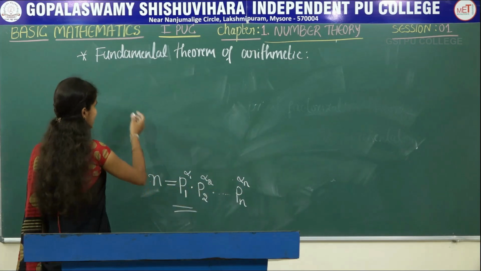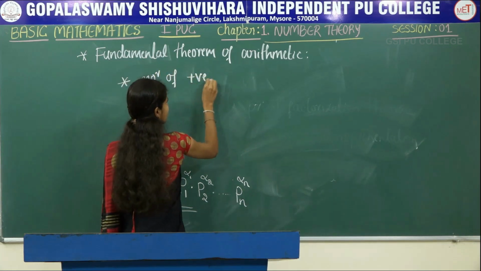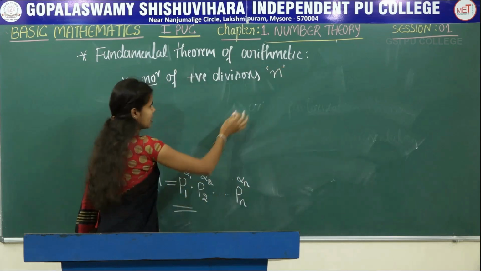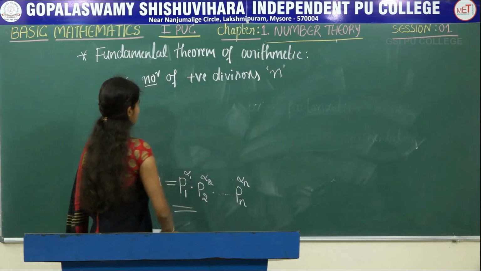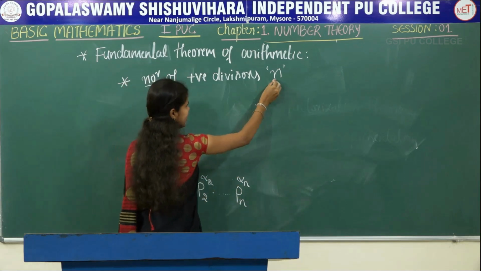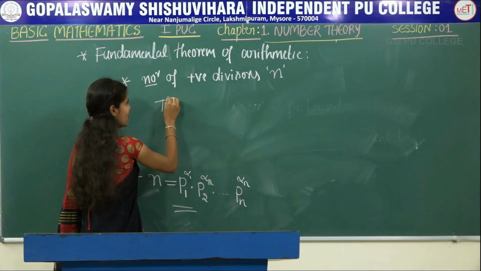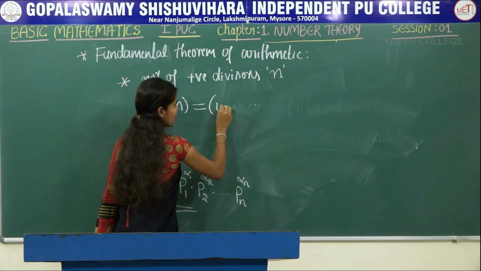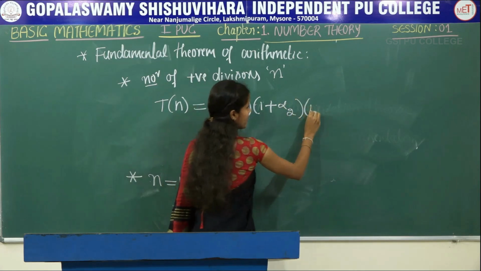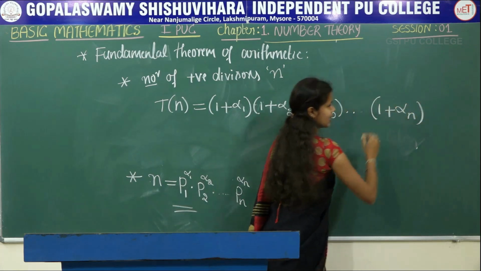To calculate the number of positive divisors of n, where n is the given composite number, we use the formula T of n is equal to (1 plus alpha 1) into (1 plus alpha 2) into (1 plus alpha 3) up to (1 plus alpha n).